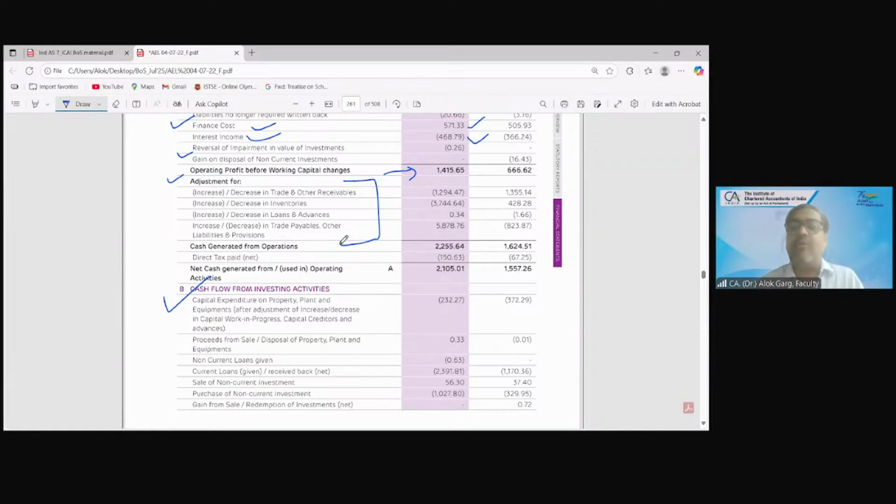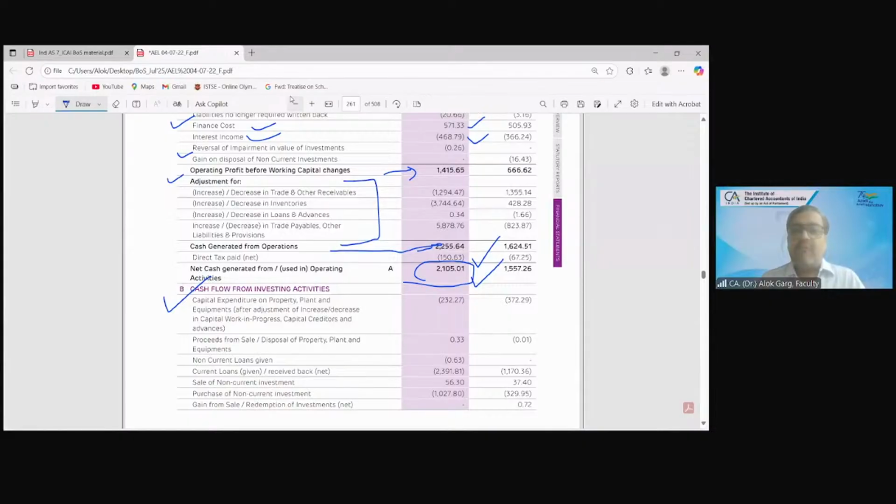Then we have arrived at cash generated from operations. And then whatever taxes paid we have reduced, and we have arrived at net cash generated or used in operating activity. You can find that this company has a positive cash flow from operating activity in the tune of 2105 crores.